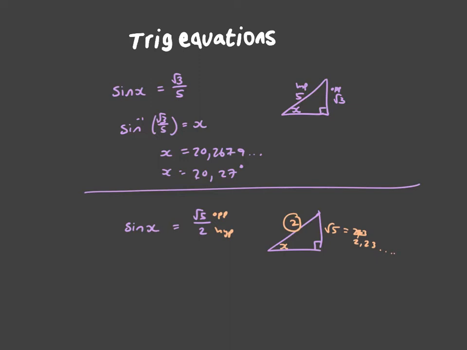In other words, and you would actually notice it immediately, if you work out what is root 5 over 2 on your calculator, so if you go square root of 5 divided by 2, that is equal to 1.11118 and so onwards.